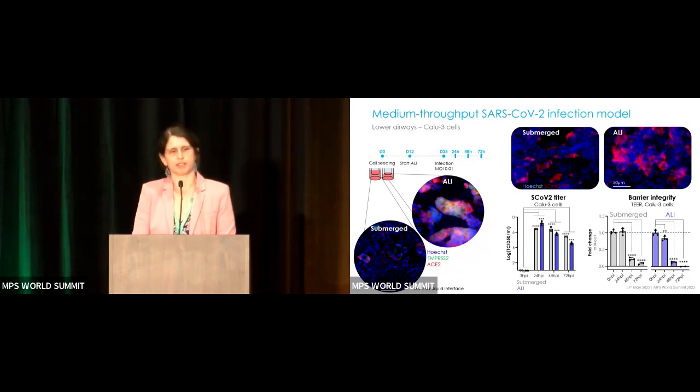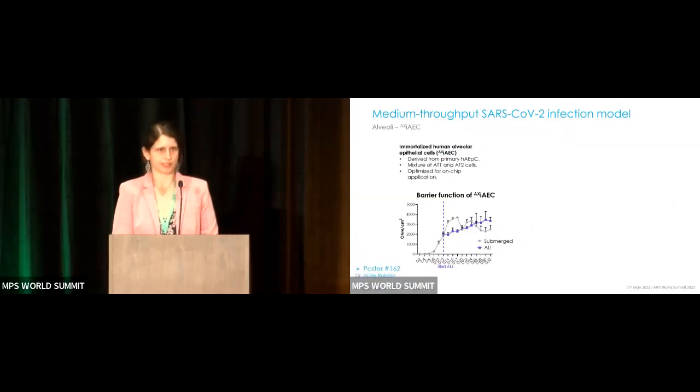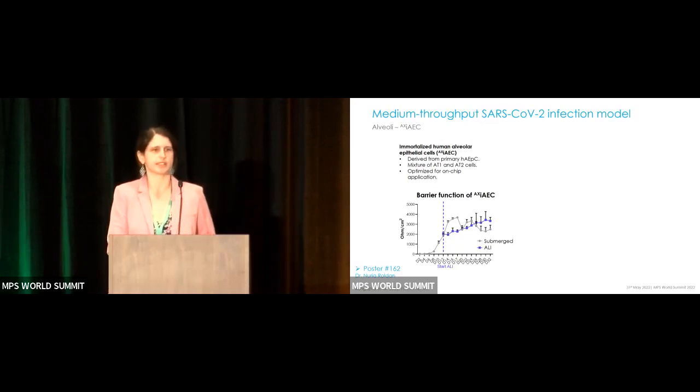Then next we asked ourselves if we can translate this protocol that we have for the Calu-3 cells to the alveolar model in the transwells. As I mentioned, we are using these in-house generated alveolar epithelial cells. They are derived from primary alveolar epithelial cells and have been immortalized, and they contain a mixture of AT1 and AT2 cells.